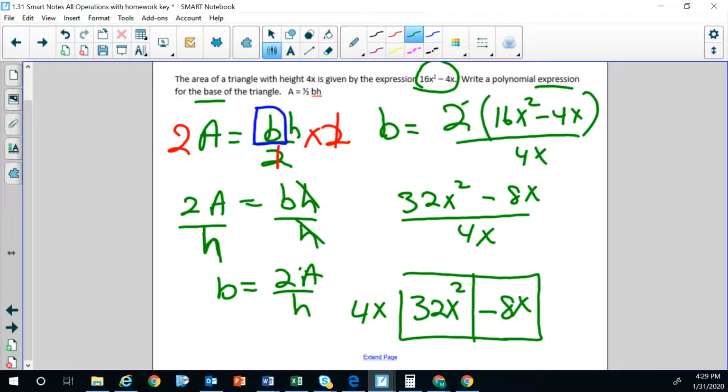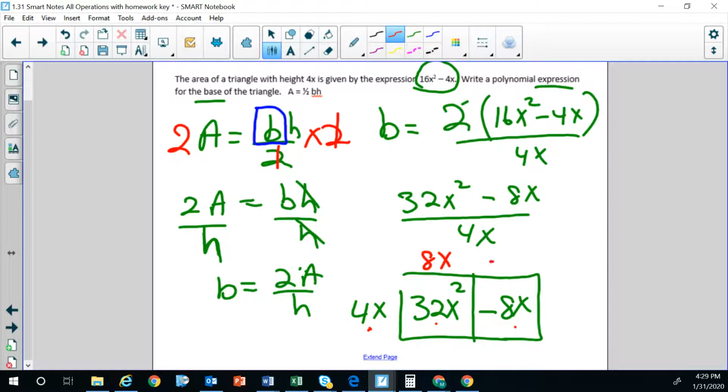All right? And so you ask yourself, what times 4x gives you 32x squared? That is 8x. 4x times 8x is 32x squared. Now, what times 4x gives me negative 8x?